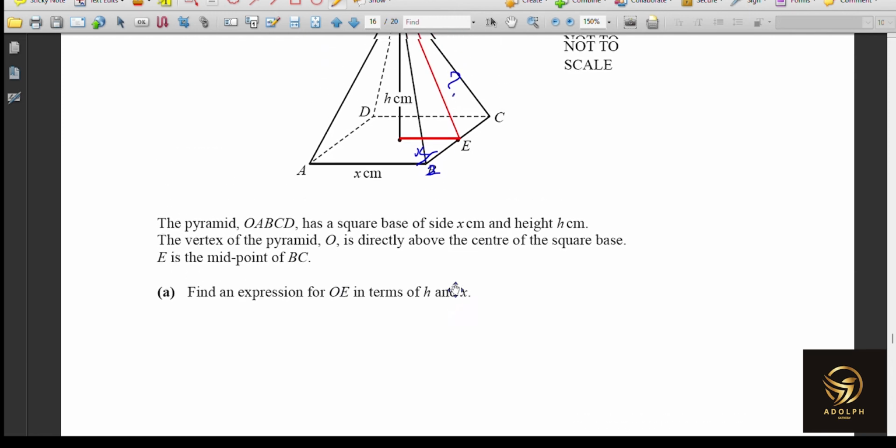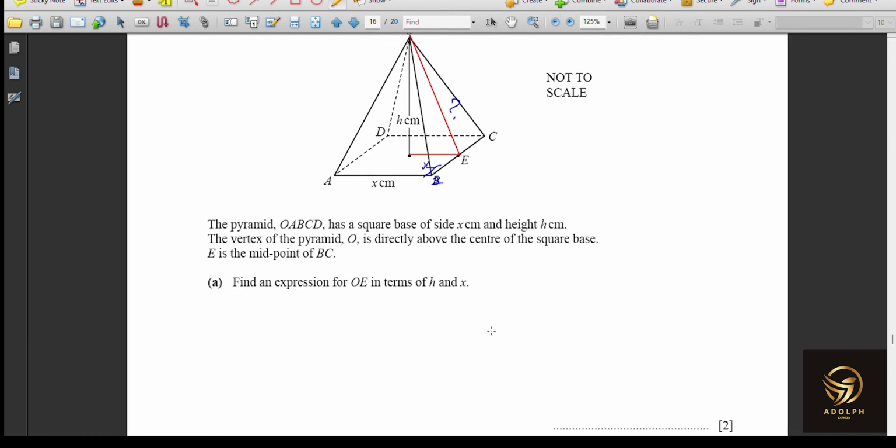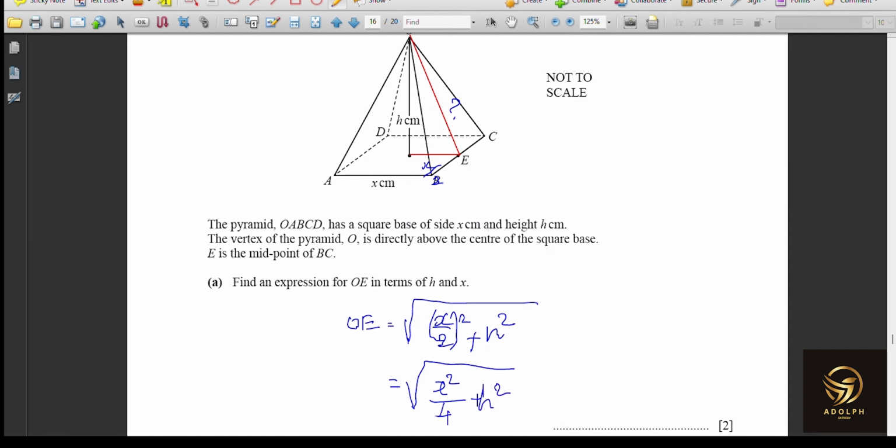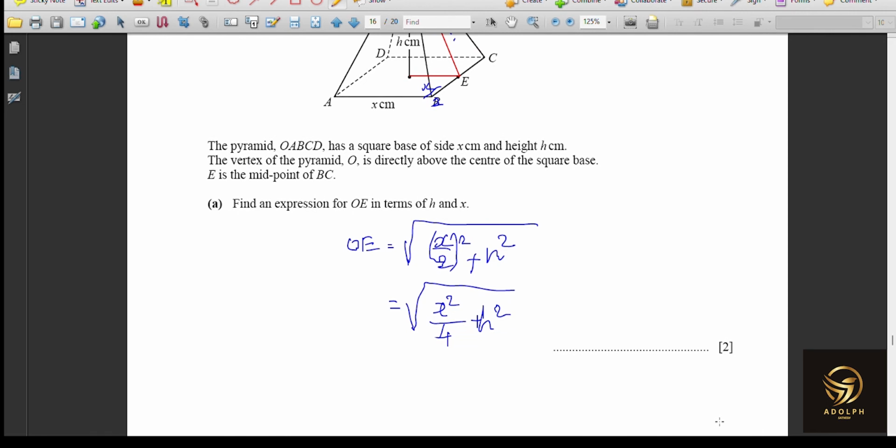OE squared can be written by using the Pythagoras theorem, that is x by 2 the whole squared plus h squared, and if needed we can simplify that to x squared by 4 plus h squared. So that is the actual value of OE. They did not ask for OE squared, so the square root would take place here: the square root of x squared by 4 plus h squared.